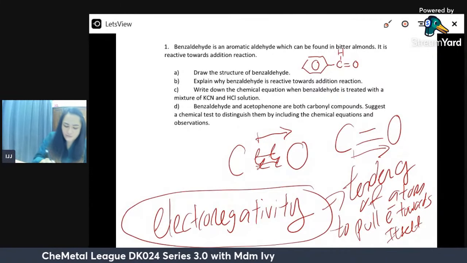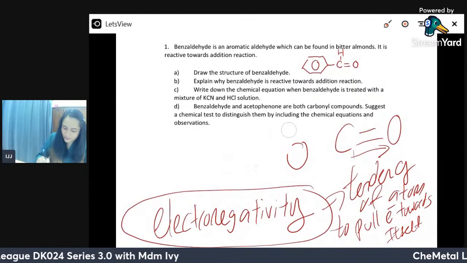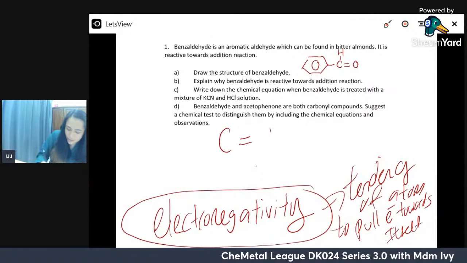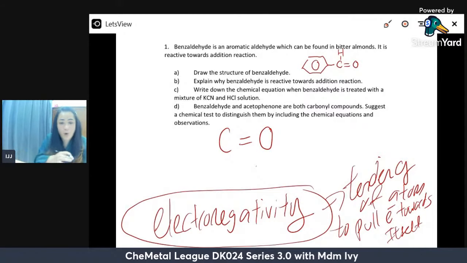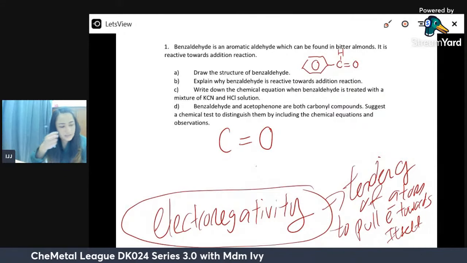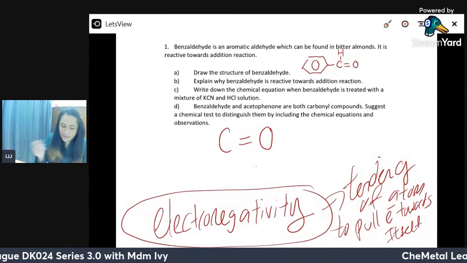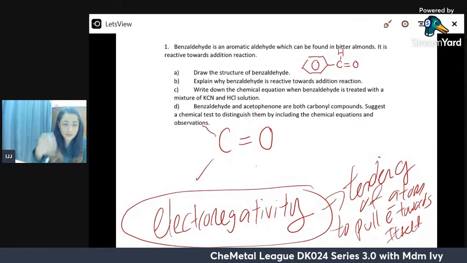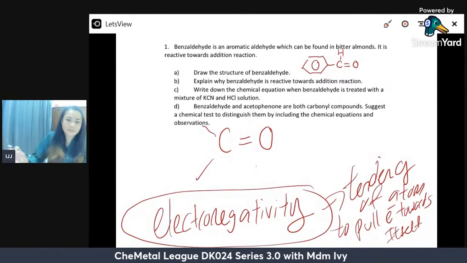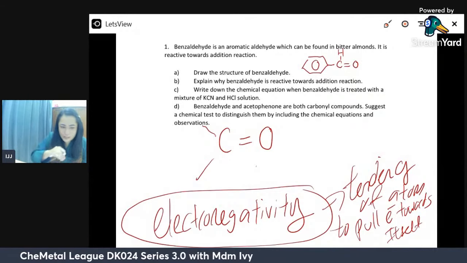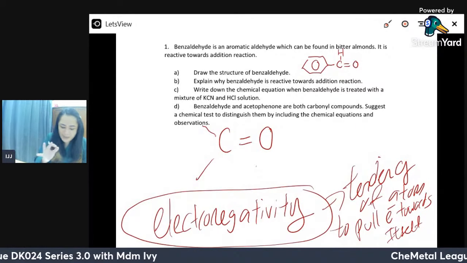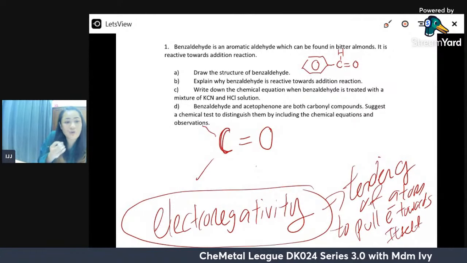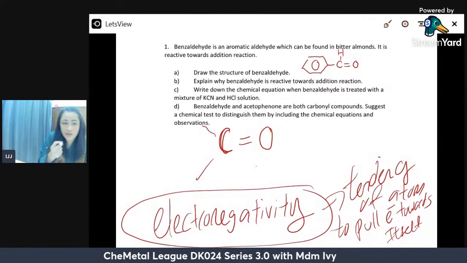So because of that, the electron cloud is more towards oxygen. Ini kita bincang generally about carbonyl group. Because itu elektron lebih dekat dengan oxygen, making carbon ni seolah-olah kurang elektron.